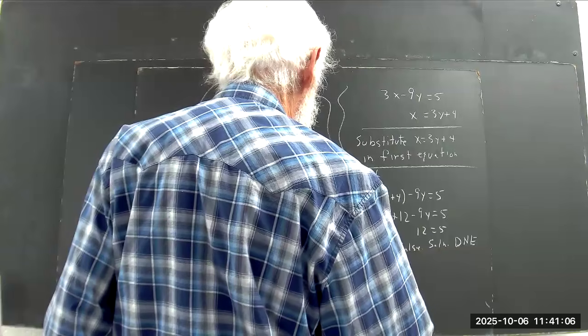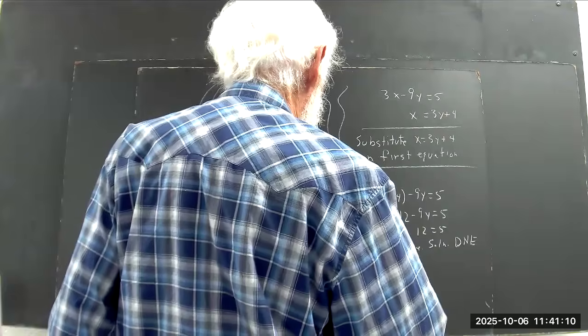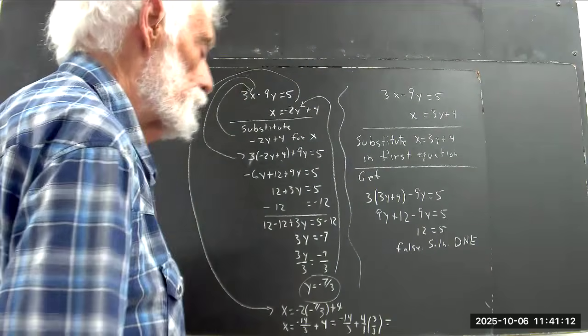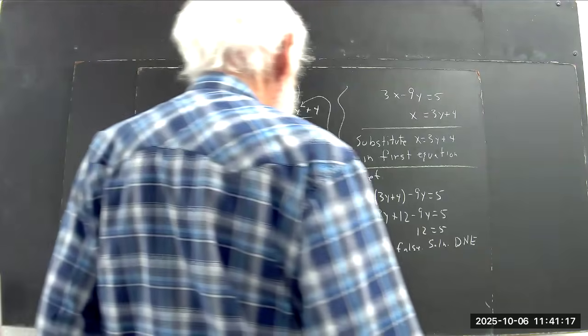And if you've forgotten what you learned about fractions at the beginning of the course, you can't forget that. You can't not know that. So be sure you review that.